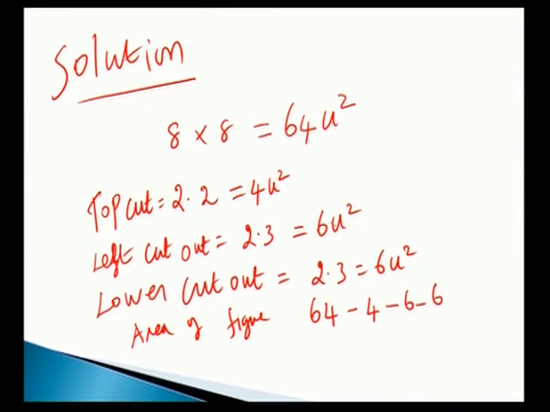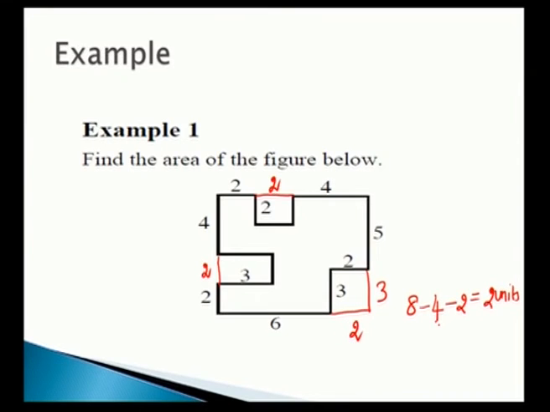So this 4 unit square, 6 unit square, then this 6 unit square are all cutout areas in the figure. Total area is 64 unit square. So manipulating this, we got total area of the figure is 48 unit square. This is how you can apply the concept of area of a square in the given example.